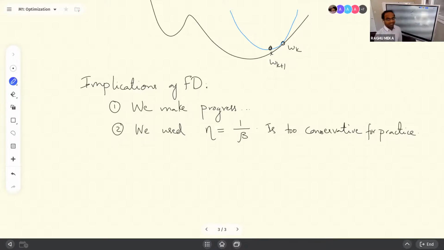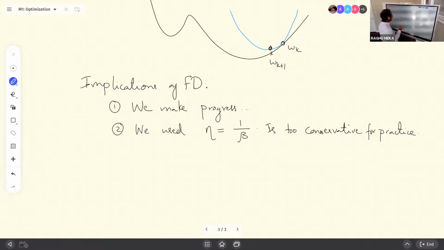If you think of some million-sized data set, often the smoothness parameter would be very large, so the step size 1 over beta would be tiny. If you use this bound, it won't at all be a good algorithm in practice. But then why are we doing it, right? It makes no sense to use this bound and say that, okay, in practice beta would be too large, and then you get nothing. But the idea is that you can use the insight from the analysis to actually make progress.